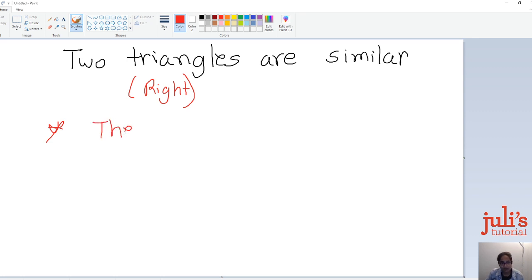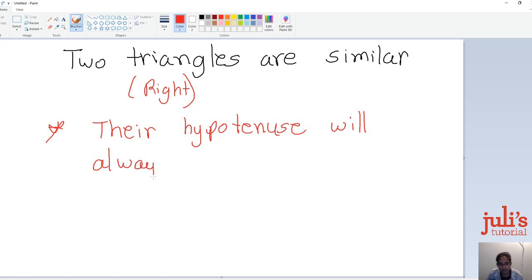Their hypotenuse will always have the same slope. So who remembers what a hypotenuse is?